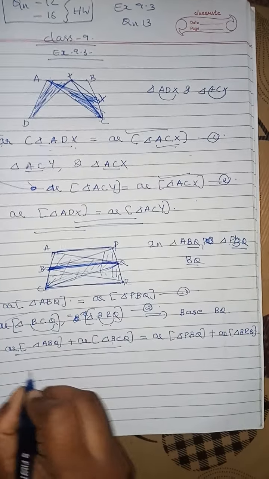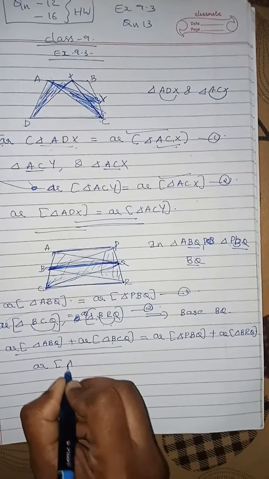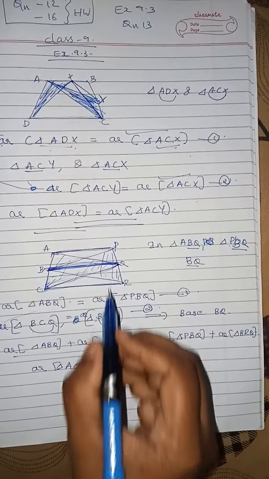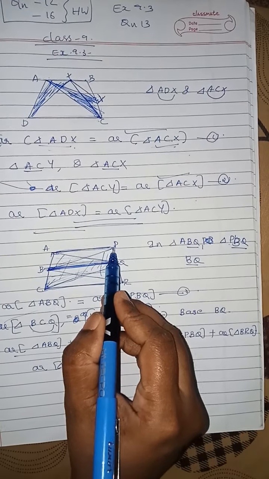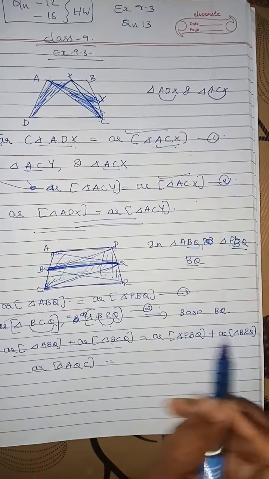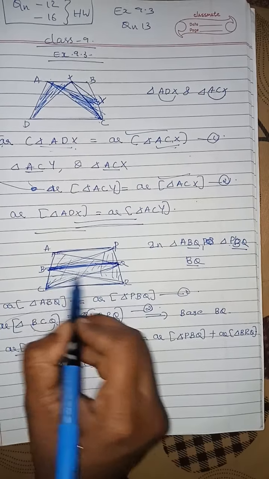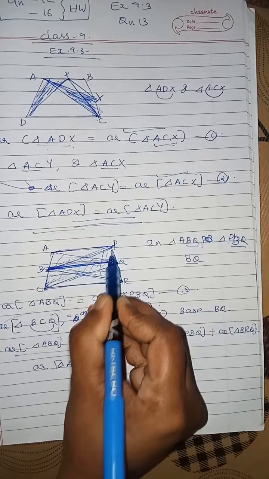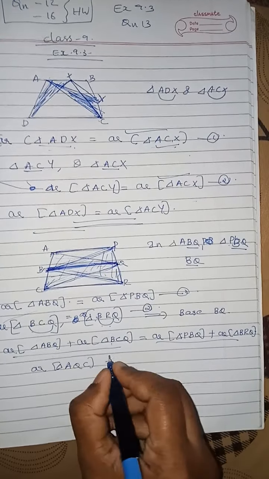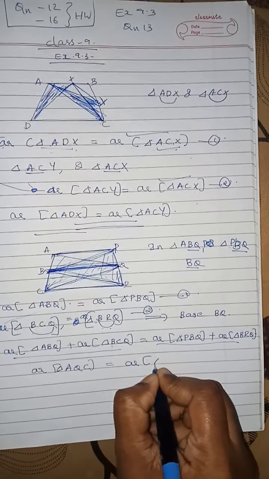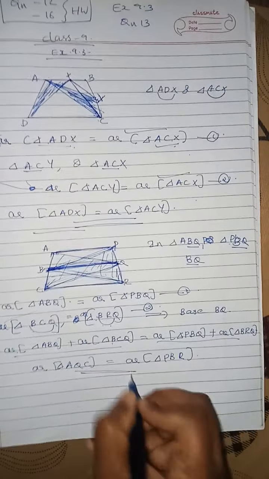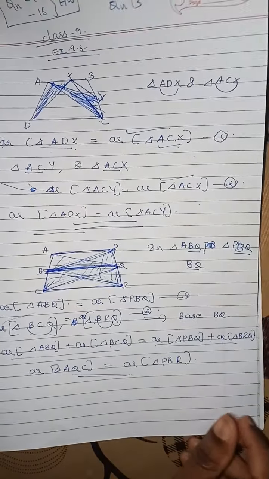So instead of these two, we can write area of triangle AQC is equal to PBQ plus BRQ. We will get here PBR, this full triangle, correct? So instead of these two, we can write area of triangle PBR. So now we got these two areas are equal. This is what we had to prove.